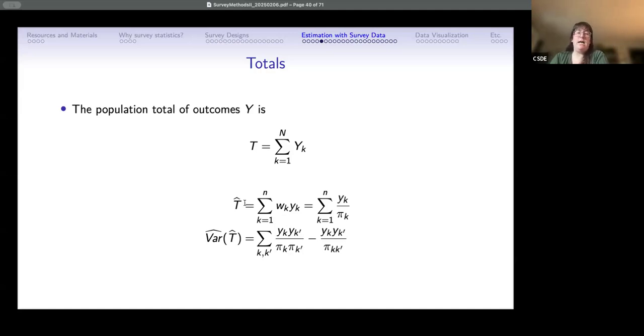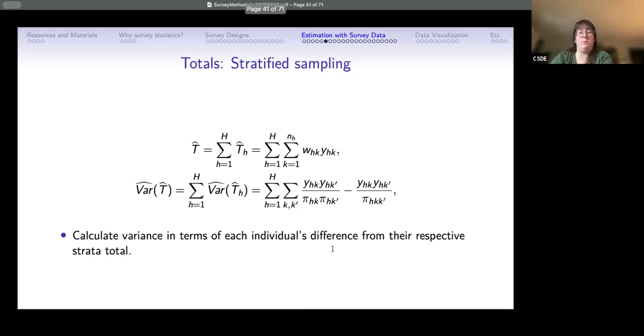This is a lot like, if you remember probability class, that the variance of a random variable is the expectation of x squared minus the expectation of x, squared. This is a similar setup. Quite often, when we work with public survey data, we are not given anything related to this joint term here. We have our weights, which are related to the individual pi k's, but we don't have joint inclusion probabilities.